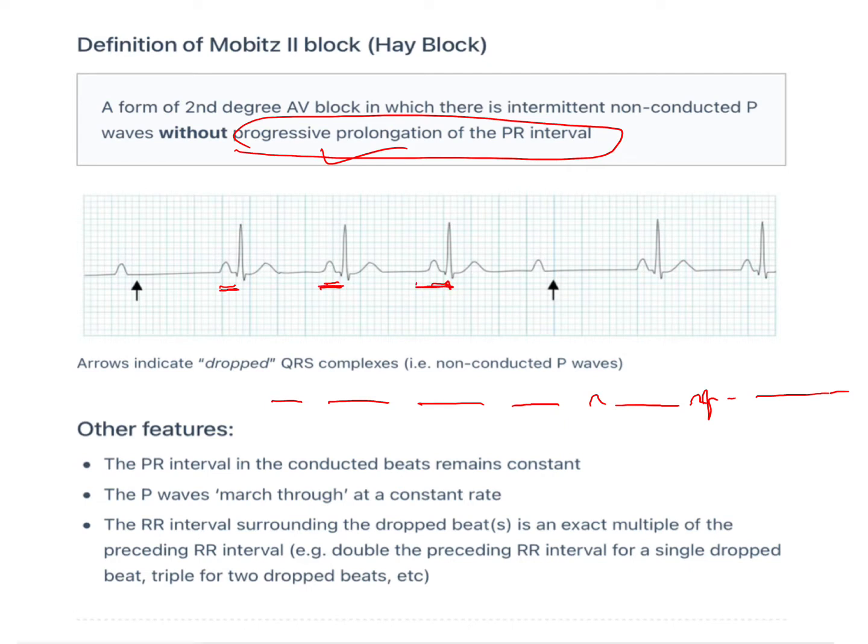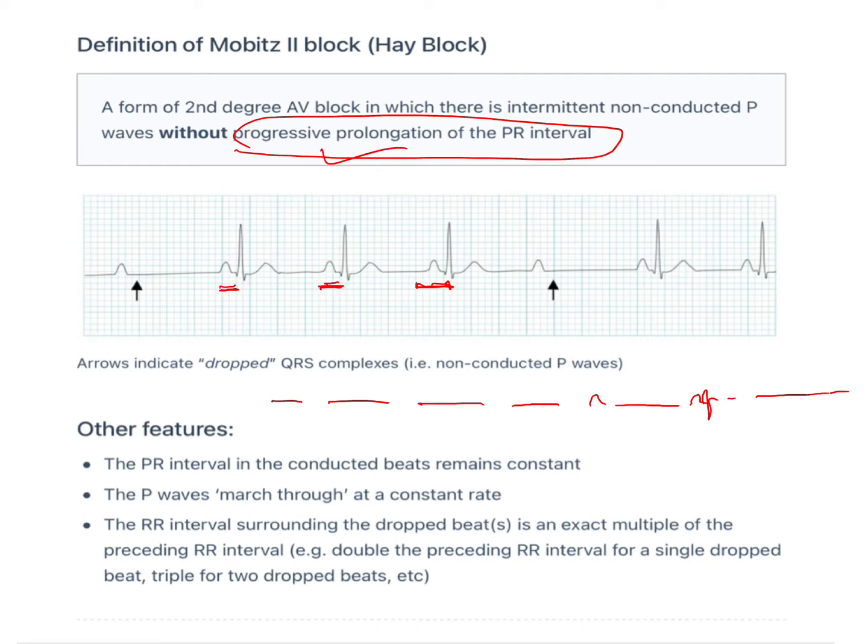We will have P waves with absent QRS complexes, but there will be no relation to the PR interval, and we will have intermittent non-conducted P waves.